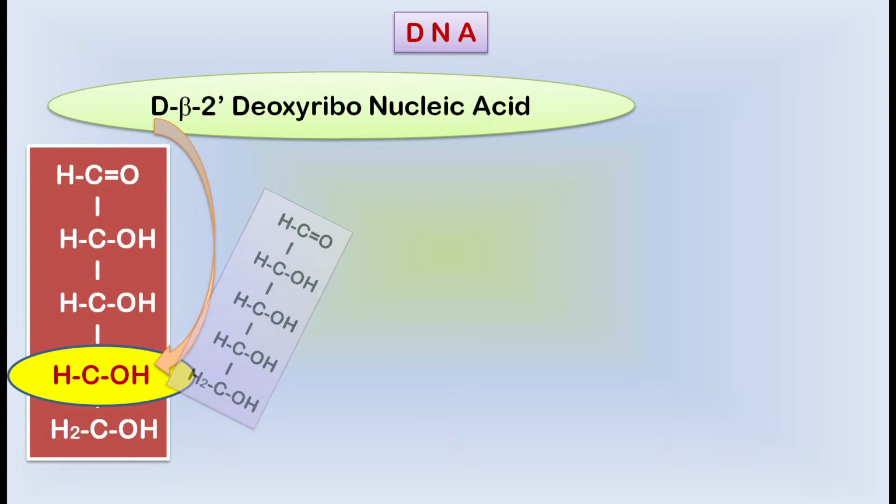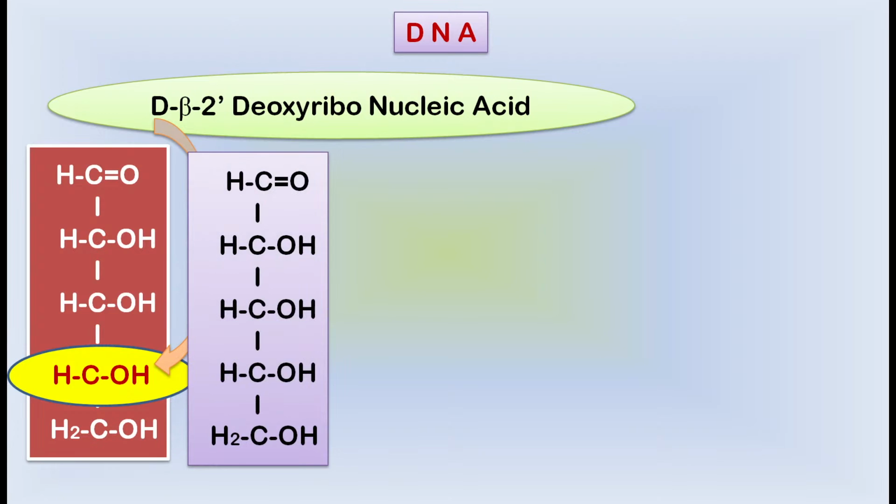Next, what is the meaning of beta? Here we take the ribose sugar, same as before. In the first position, the carbon contains an aldehyde group, with a double bond between carbon and oxygen. The carbon has electropositivity, whereas oxygen has high electronegativity.